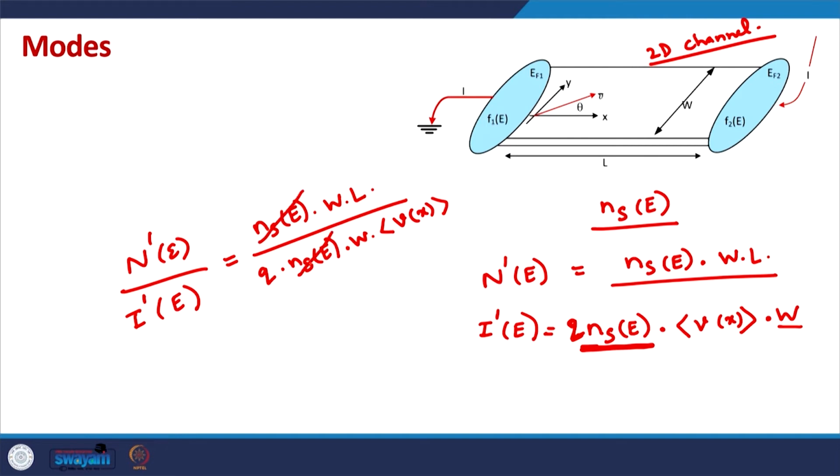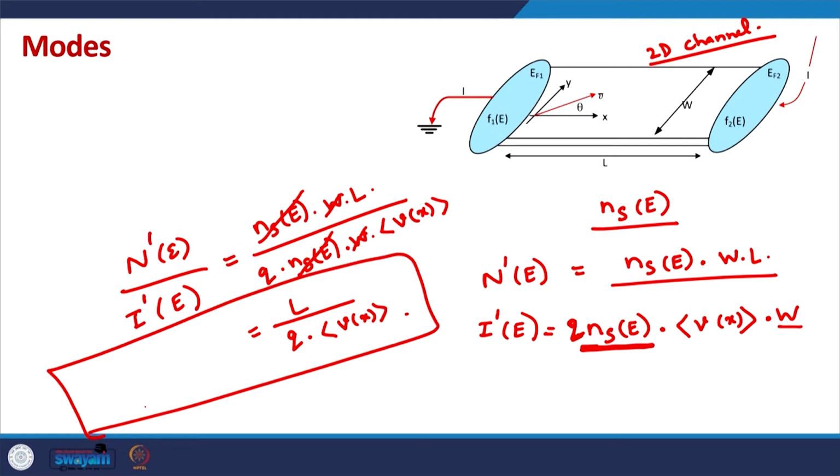So, NS cancels NS, W by W. What we are left with is L by Q times Vx. So, this is what we obtain had we not done any quantum mechanical analysis, any mathematical analysis.